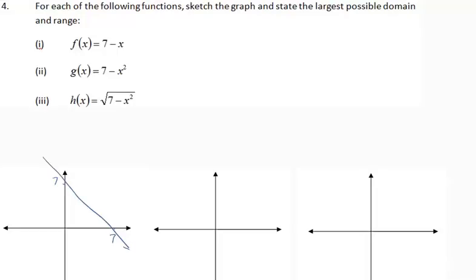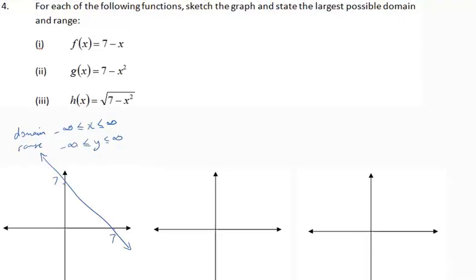So this is our shape of our graph here. So here we know, well, our domain will be all real x. So here we can say, well, it's negative infinity less than or equal to x less than or equal to infinity. Same for our range. Here, minus infinity less than or equal to y less than or equal to infinity.